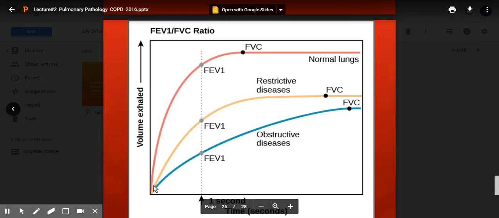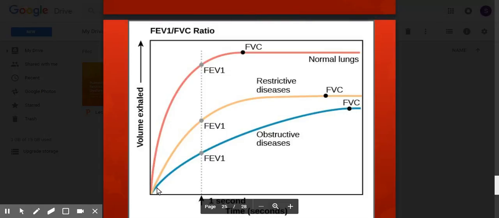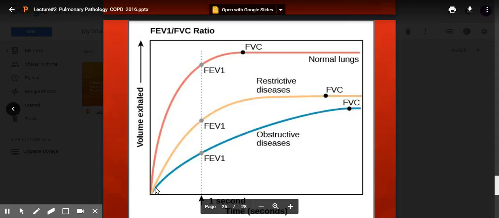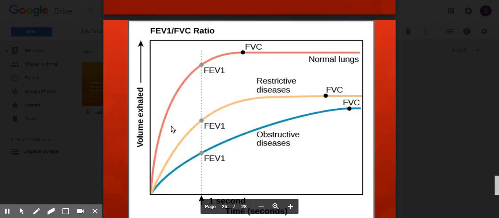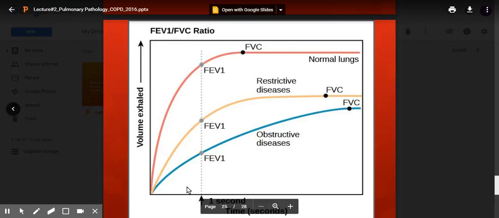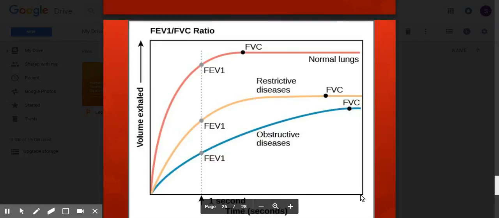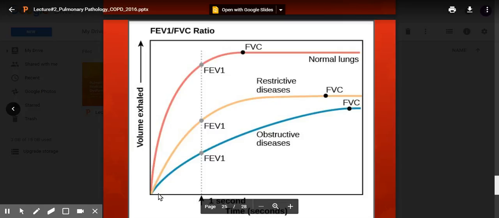So here's a nice diagram, and we will spend more time in class discussing pulmonary function testing and talk about some case scenarios. But this is what a normal FEV, FVC curve would look like. So a patient forcefully exhales the air, and what you have is volume on the vertical scale, and you have time on the horizontal scale.